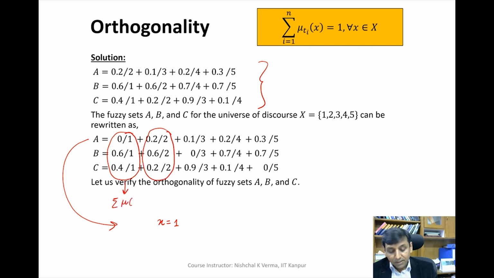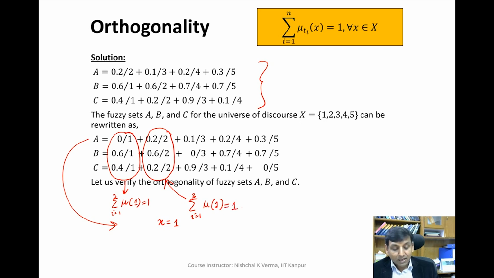Similarly, here also we see that the summation of membership values for all the 3 fuzzy sets is also equal to 1.